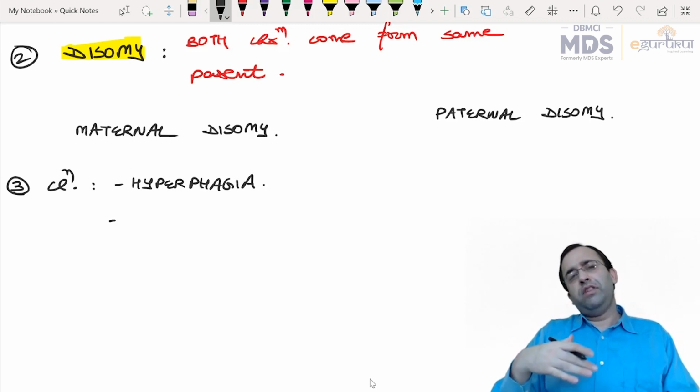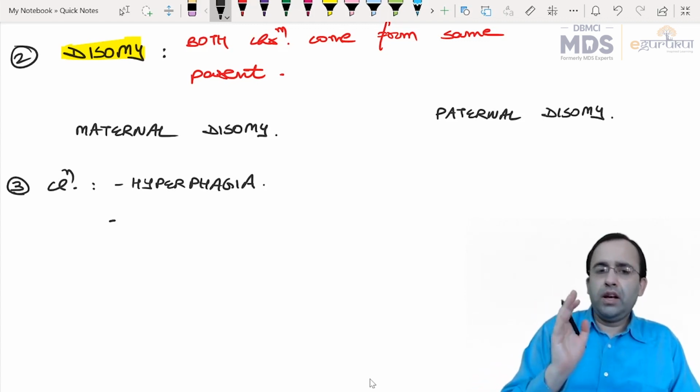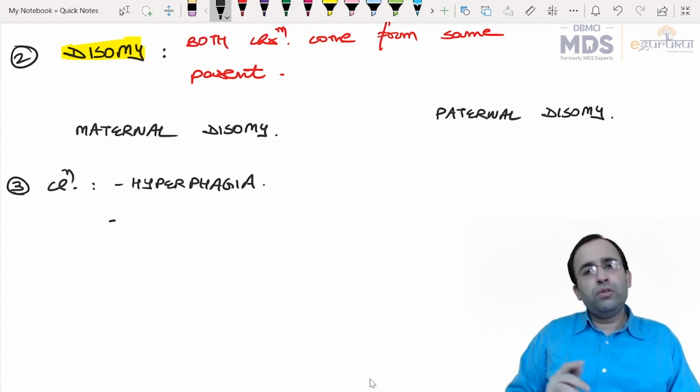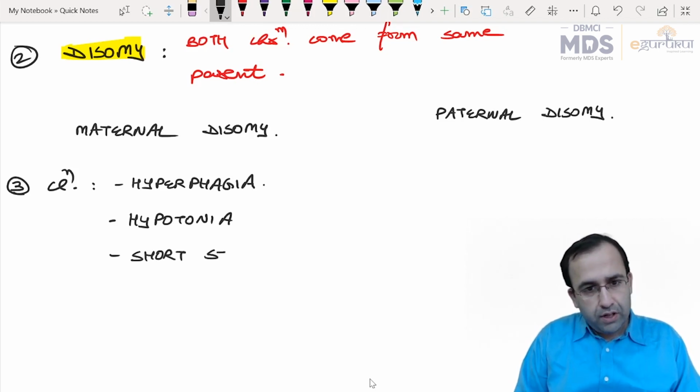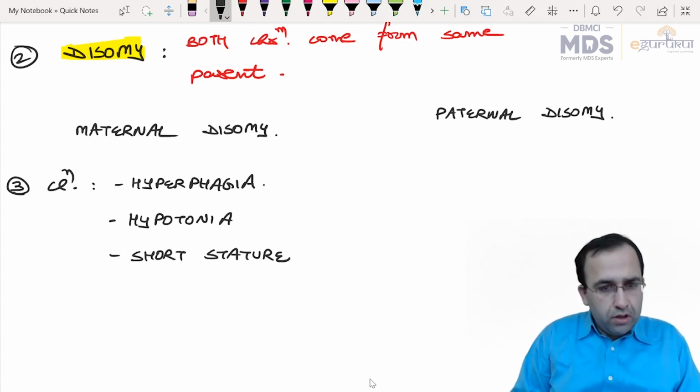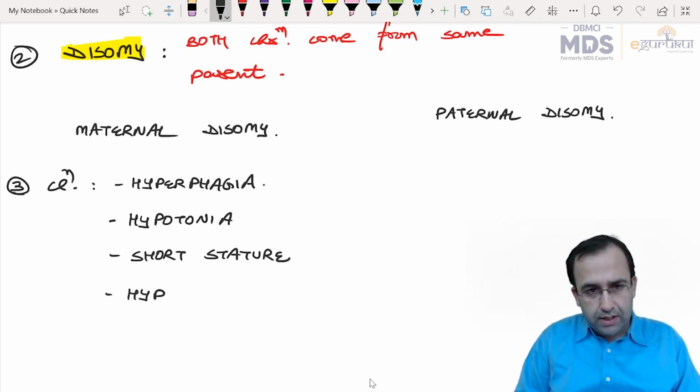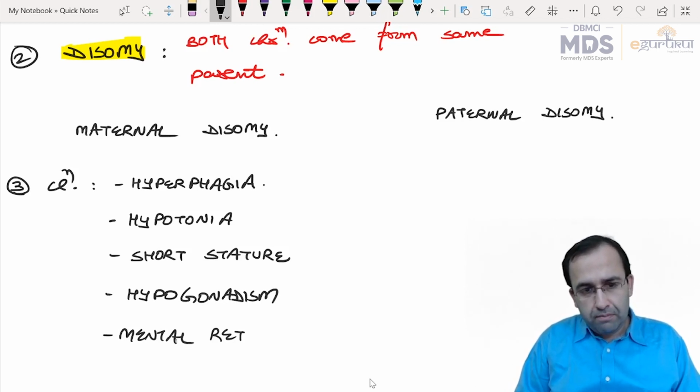We are not going out to play basketball, so it is associated with hypotonia, short stature, hypogonadism, and is also associated with mental retardation.